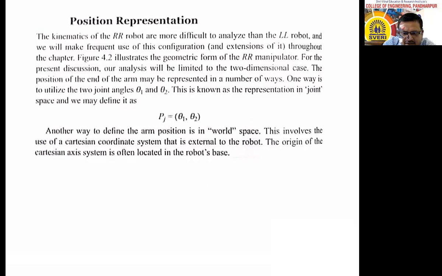This is known as the representation in joint space, and we may define it as Pj equals theta1, theta2. Another way to define the arm position is in world space. This involves the use of a Cartesian coordinate system that is external to the robot. The origin of the Cartesian axis system is often located in the robot's base.